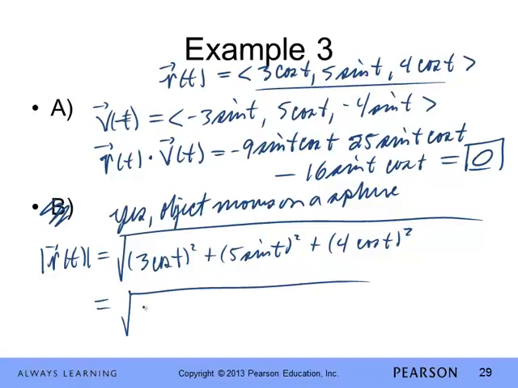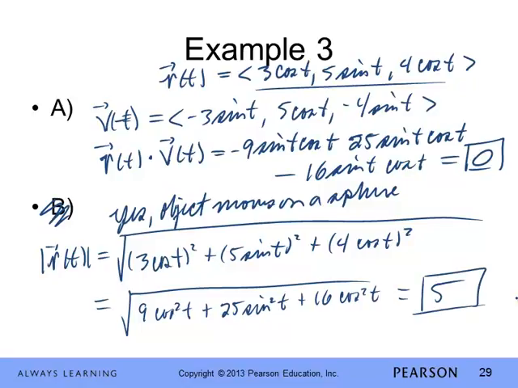So you have 9 cosine squared t plus 25 sine squared of t plus 16 cosine squared of t. You're going to be left with 25 cosine squared t plus 25 sine squared t. Pull out the 25, it becomes 5 on the outside. Leaves you with cosine squared of t plus sine squared of t, which is 1. So in other words, you're left with 5. So 5 would be the radius of the sphere over which this object moves.